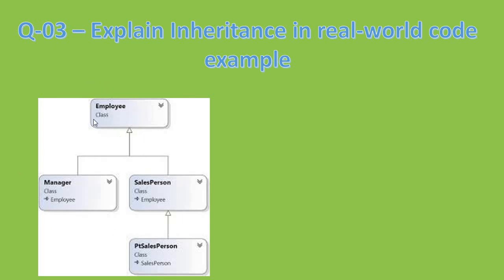All the properties in employee automatically come to the manager class, because the manager is a subclass or derived class from this parent class, right? Here we are explaining only inheritance, right? After inheritance, there are so many concepts in OOPS, right?